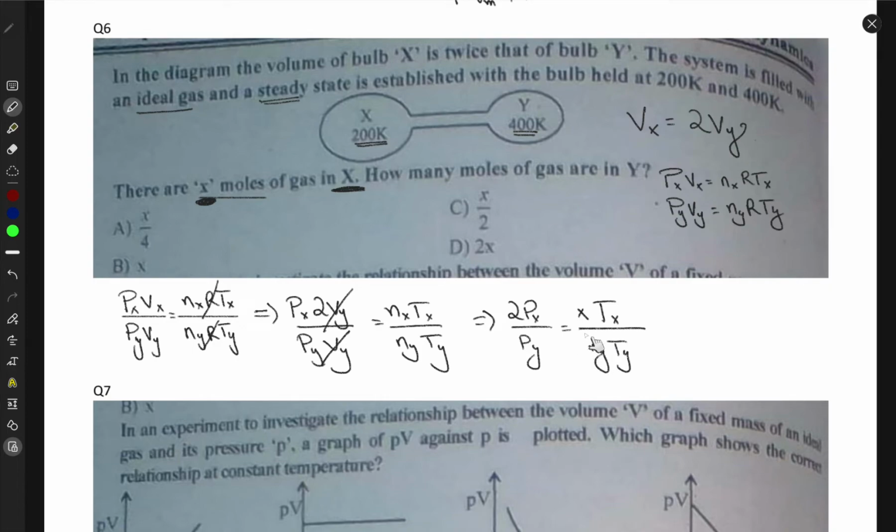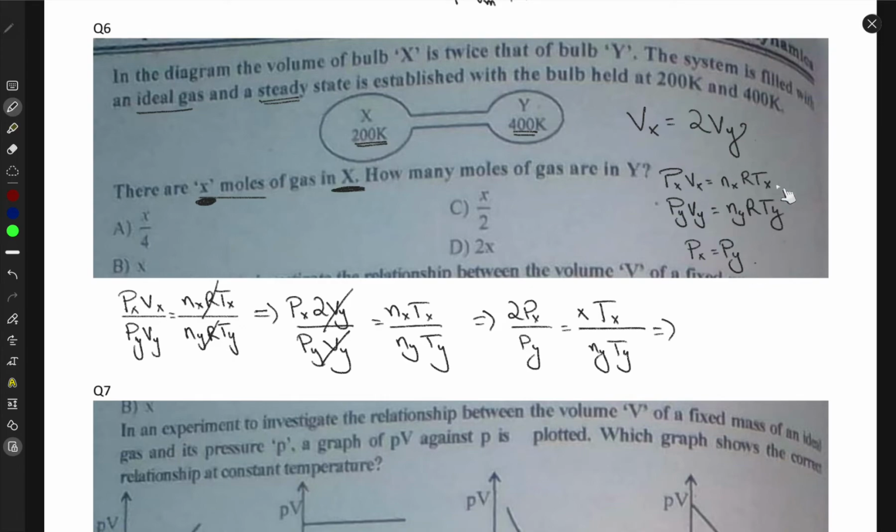Now we just want to find Ny. We know the values for Tx and Ty, they are given as 200 kelvins and 400 kelvins, right? And Px and Py are not known, but there is one piece of information that we know about these two. Because the volumes are different and the temperatures are different, the pressure is really maintained at a constant value, which means that Px is equal to Py.